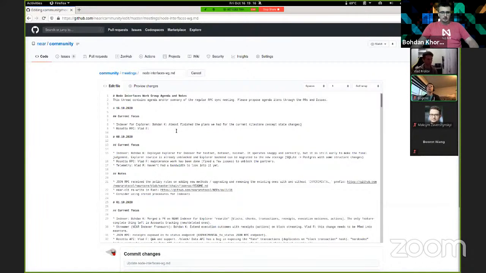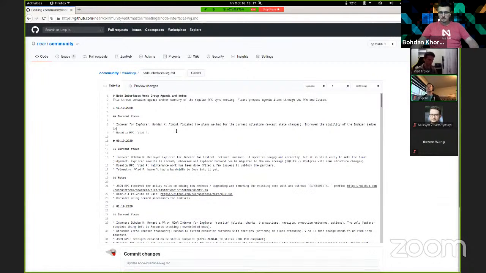Mostly we were working on improving stability of indexer and adding implicit accounts support. Currently access keys is under review. PR is ready. And overall, indexer for Explorer is almost finished and ready.